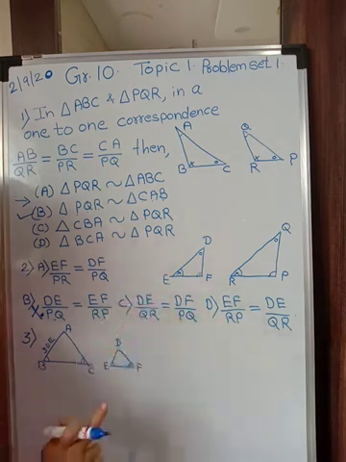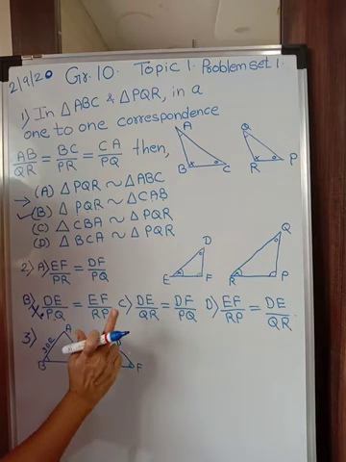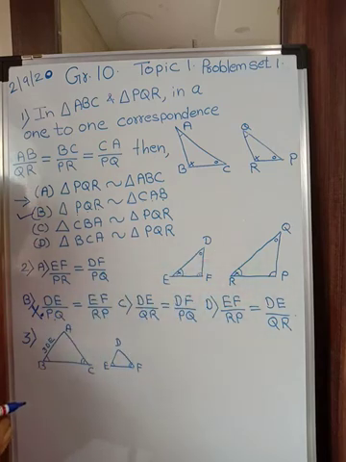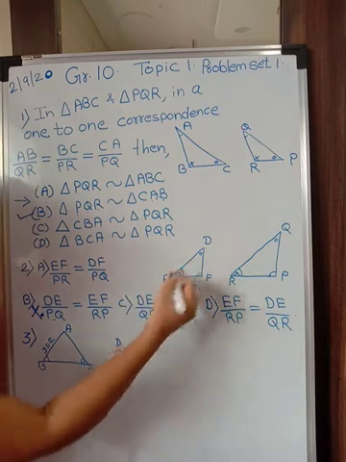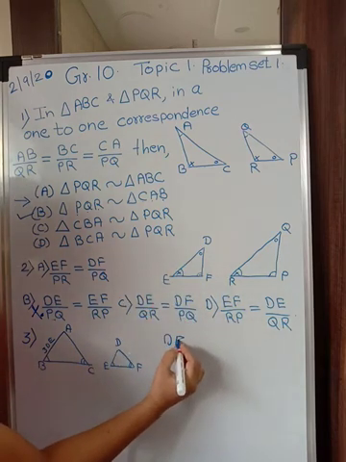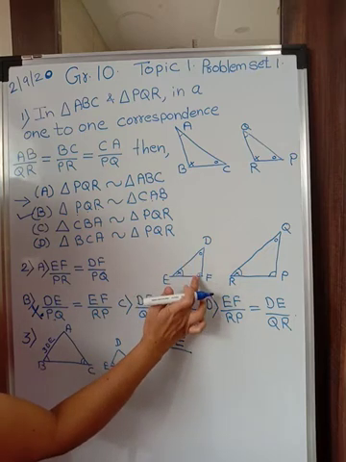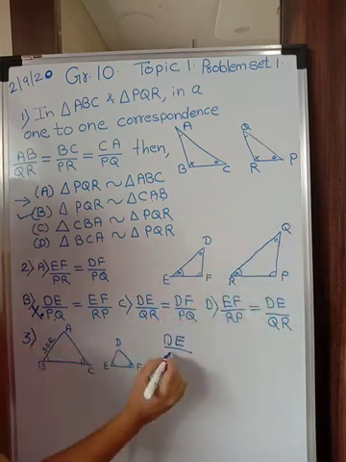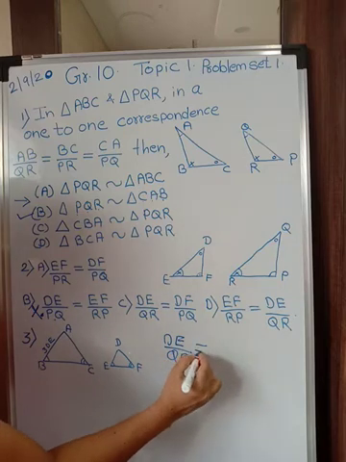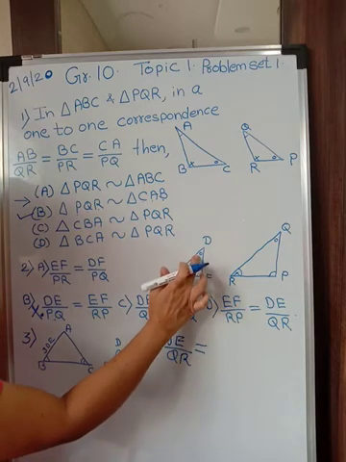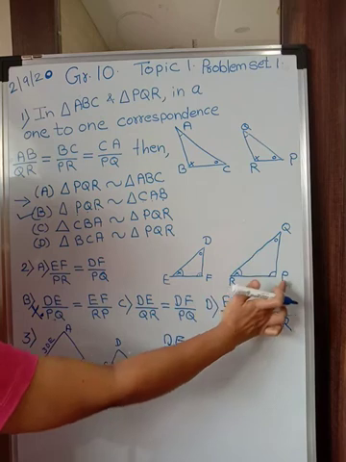Now see, one more method I will tell you to identify this. You first write all the proportions in the right form. For example, knowing the angles, first I am taking DE. DE is one side, opposite to this angle it is QR, which should be equal to EF. That means this angle I am considering, opposite to this is RP.